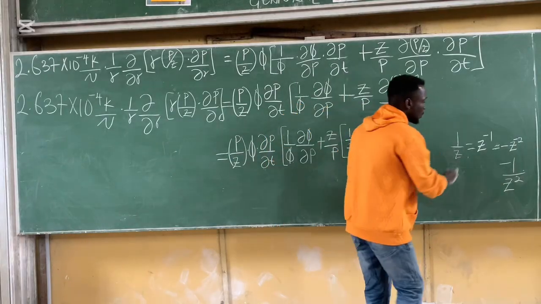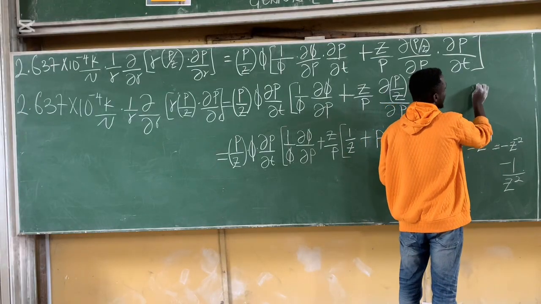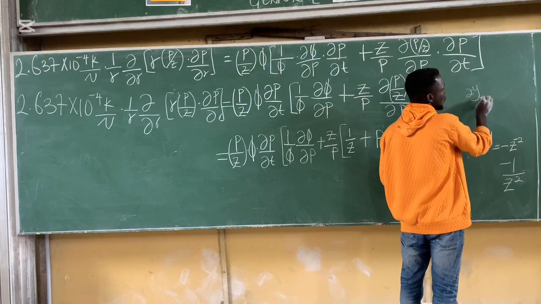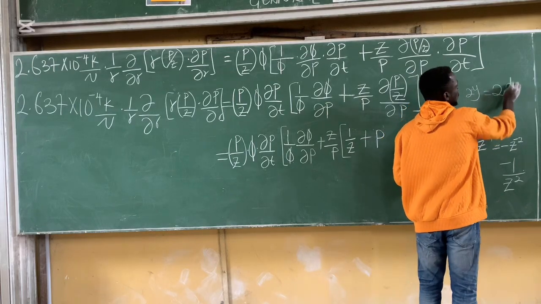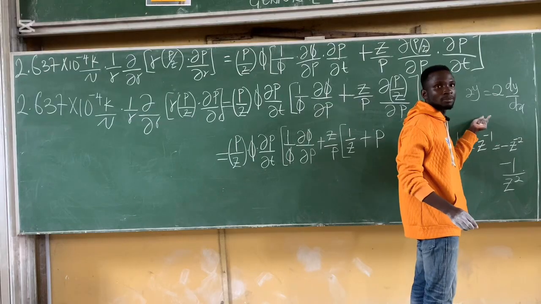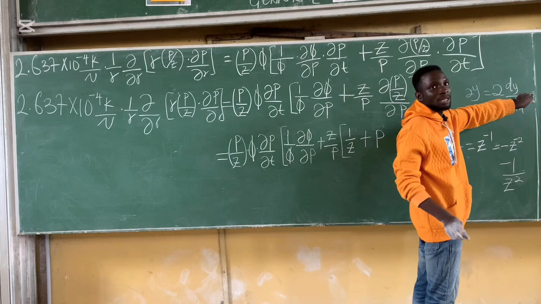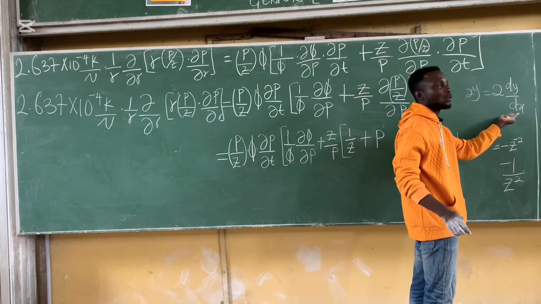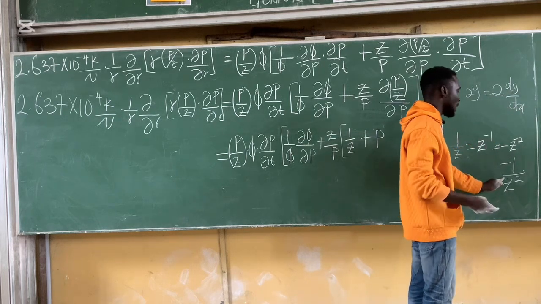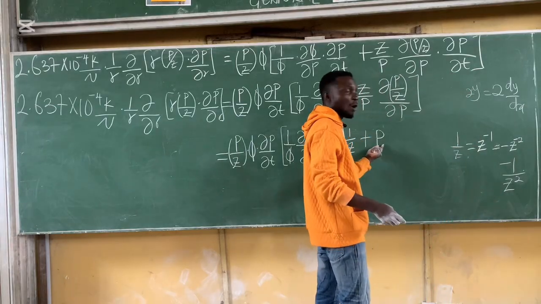From implicit differentiation, if you are differentiating 2y, you are going to have 2 dy dx, because y is a dependent variable that depends on x. The same concept is applied here. Z is dependent on pressure.